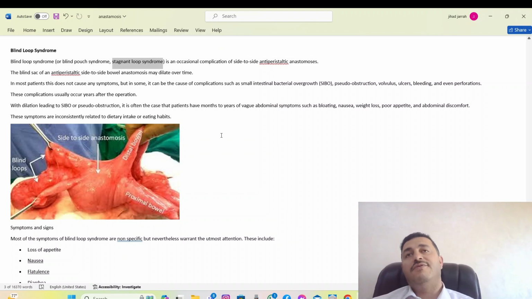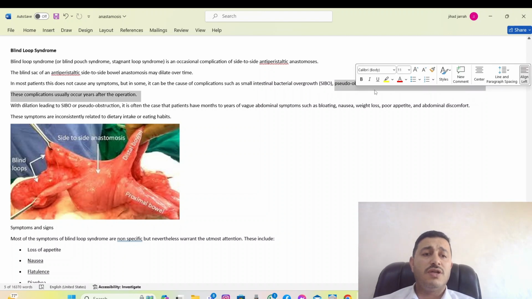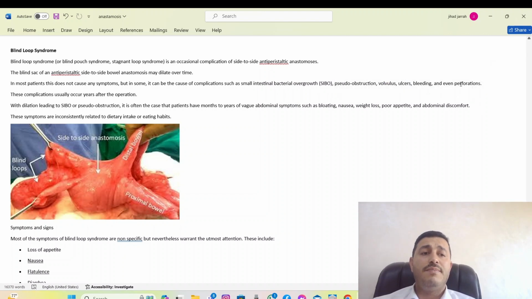In the lower GI, if it happens, the manifestation is extremely vague, not like the upper GI. In the lower GI, we have small intestinal bacterial overgrowth, pseudo-obstruction, volvulus, ulcer, bleeding.